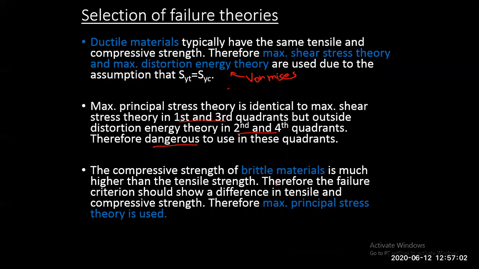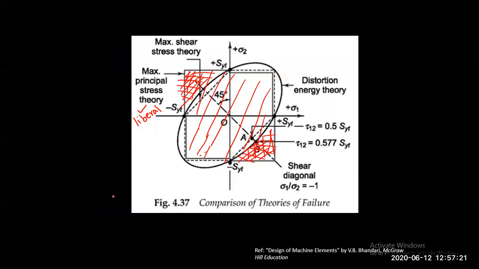The compressive strength for brittle material is much higher than tensile strength. Therefore, the failure criteria should show a difference, and so the maximum principal stress theory is used. In the case of compressive stress, brittle materials are stronger in compression.